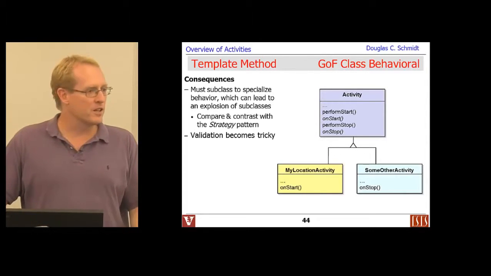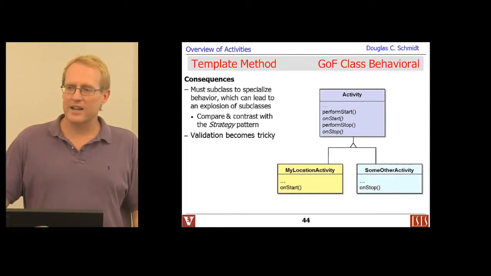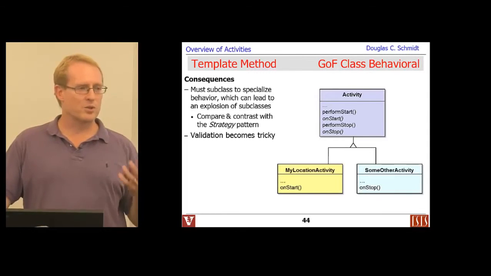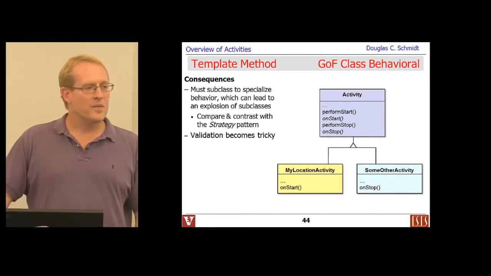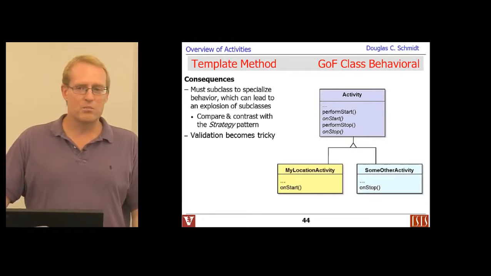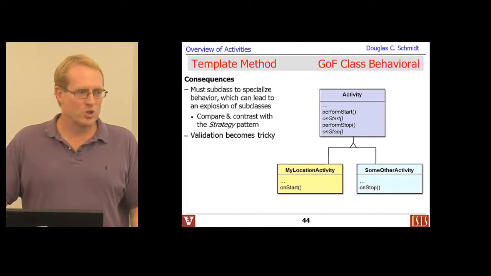You could go into an infinite loop. You could cause deadlock. You could have all kinds of other things. You could do stuff that would corrupt other parts of the state of your application, or maybe even the state of the framework, depending on what you do. And there's nothing the Android portions, the reusable part, can really do other than normal Java.